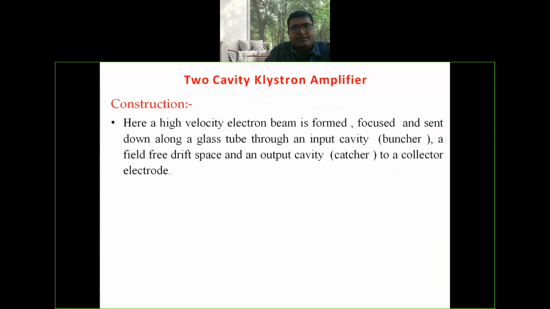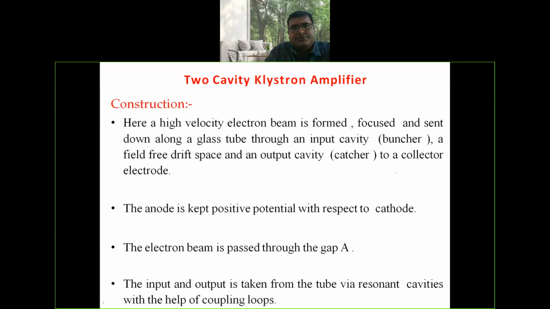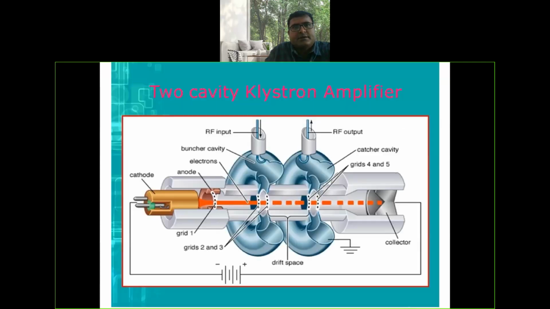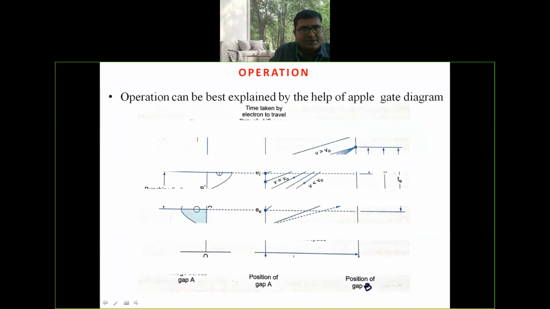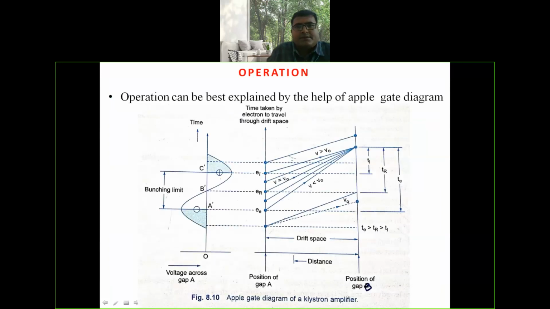Just now I explained, just to go through the points. One more diagram, just have a glance regarding the operation of two cavity Klystron amplifier. The operation of two cavity Klystron amplifier can be better explained with the help of Applegate diagram.